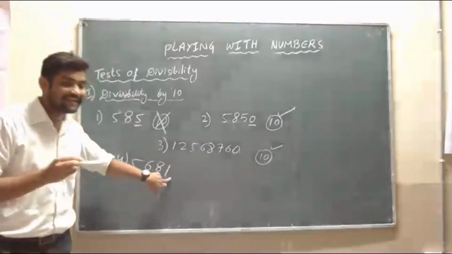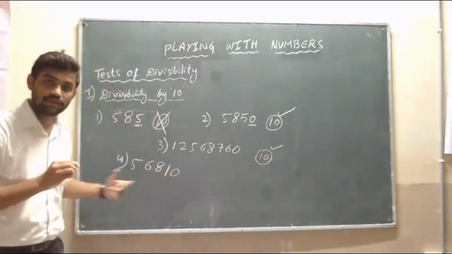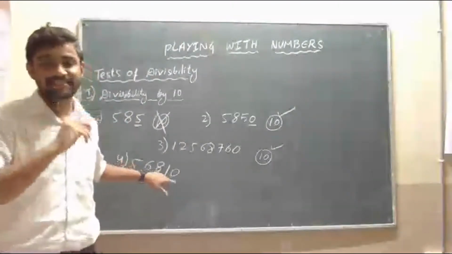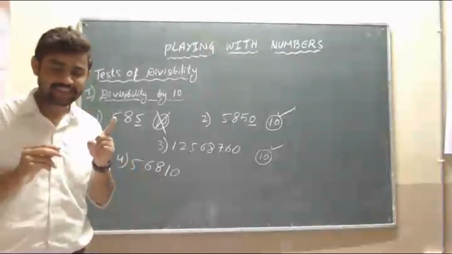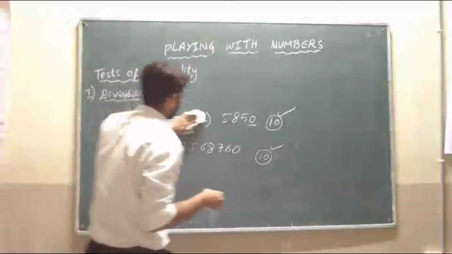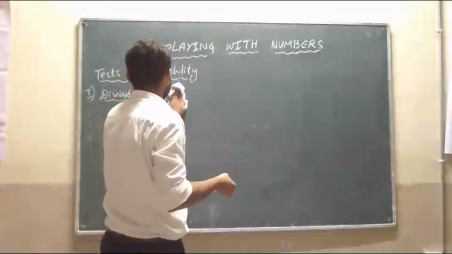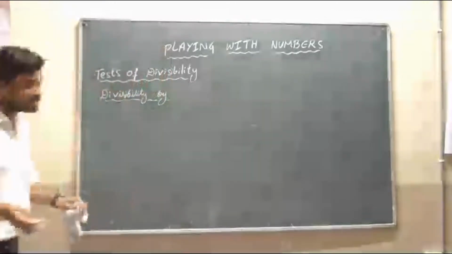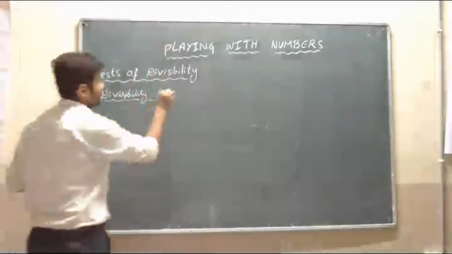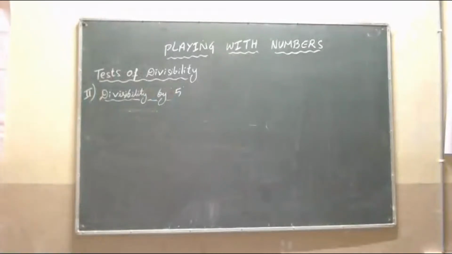No, sir, because it does not end with 0. If it had 0 at the ones place it would be divisible by 10. Do you understand? It is very easy. Next, the second one, divisibility by 5.